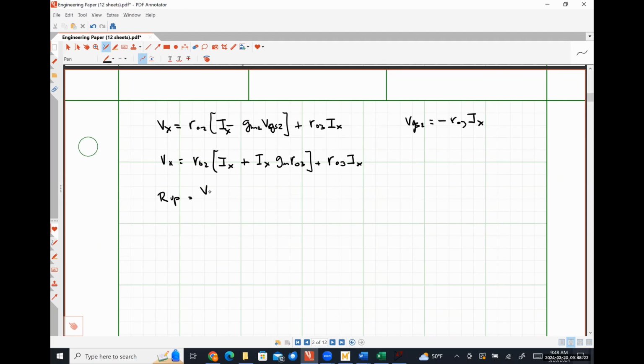But that's going to be Vx over IX, or R02 times 1 plus GM2 R03 plus R03, which is R02 plus R03 plus GM2 R02 R03. I keep forgetting to put the 2 subscript on my transconductance. Sorry about that. But anyway, so that's my resistance looking up.